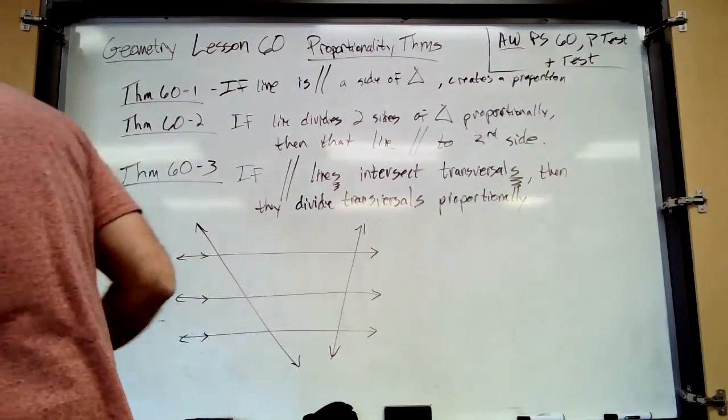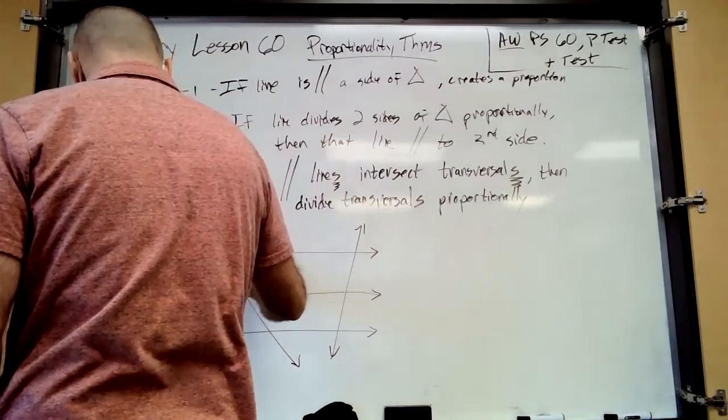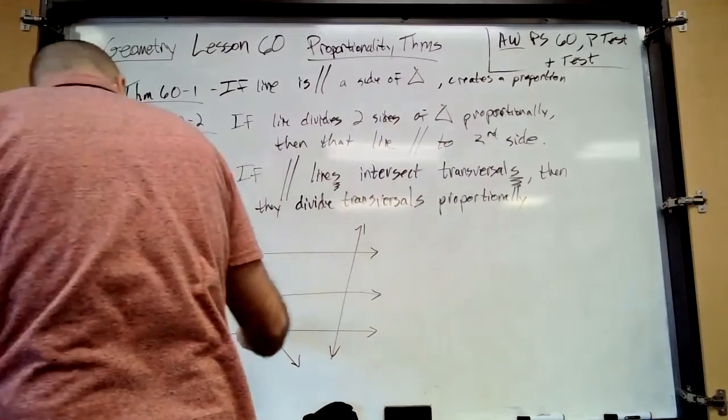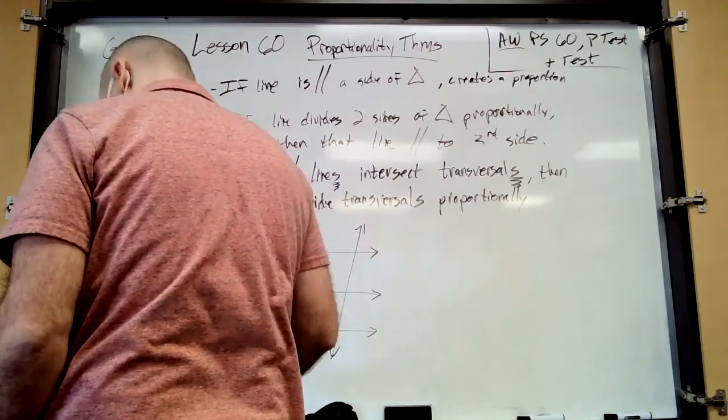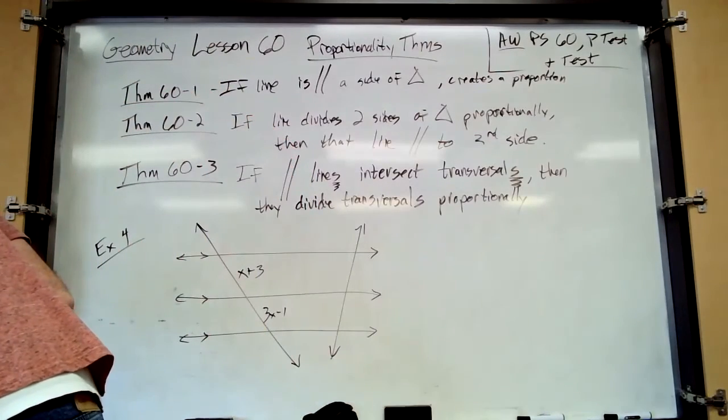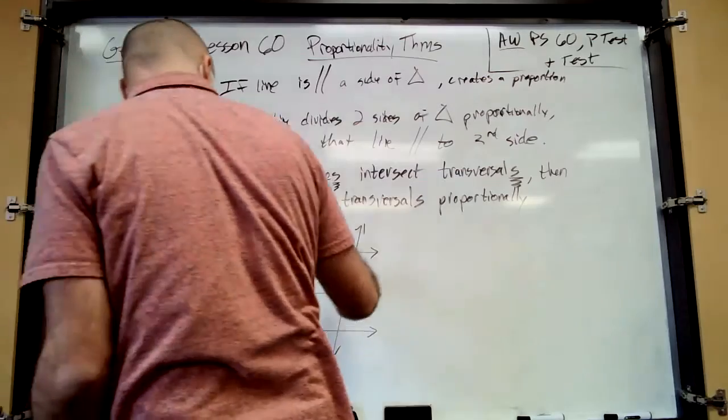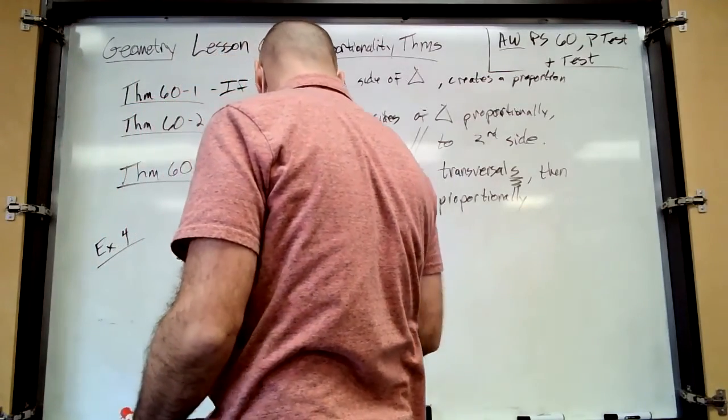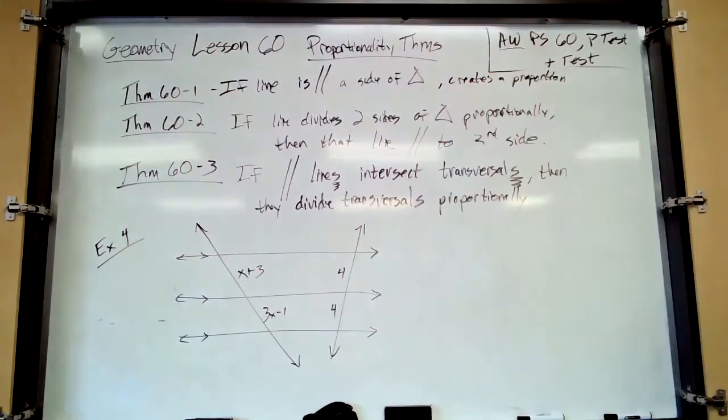And we've got an x plus 3, we've got a 3x minus 1, and we've got a 4 and a 4. So, first person to get this gets a free problem set.